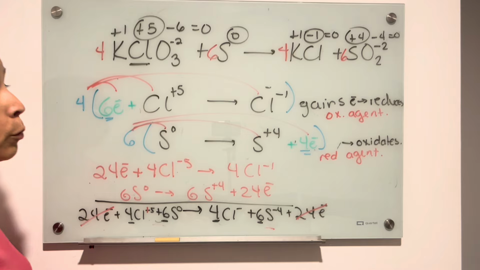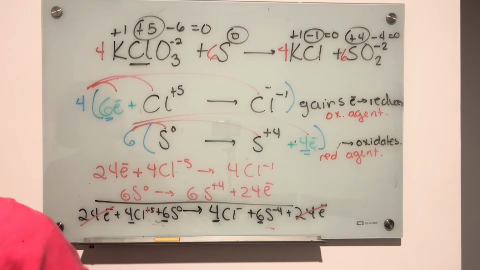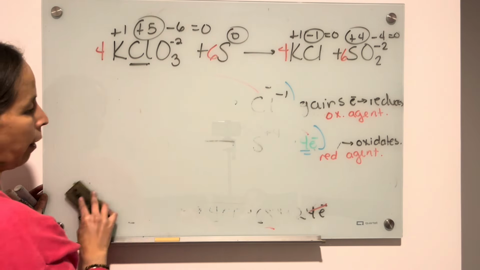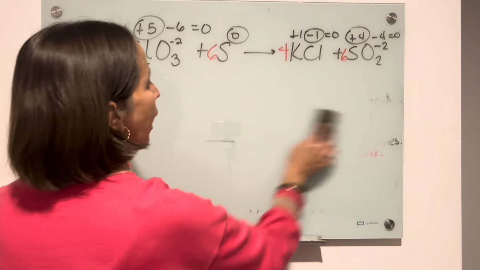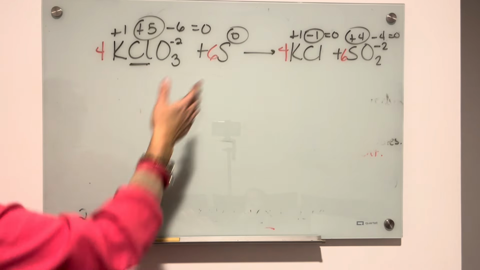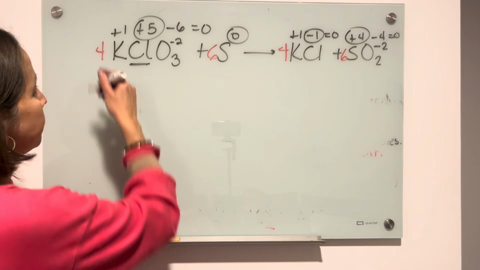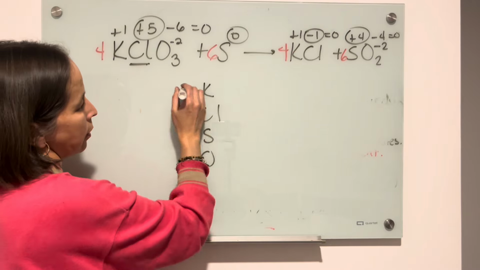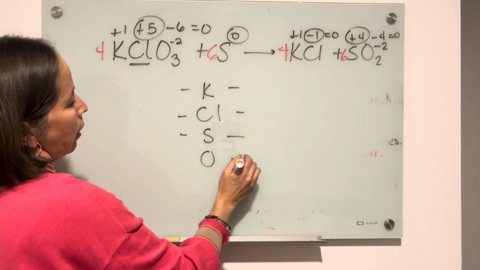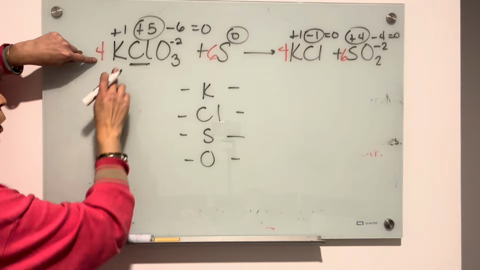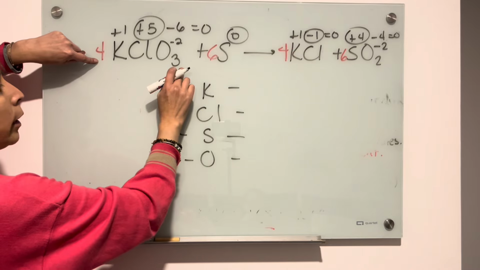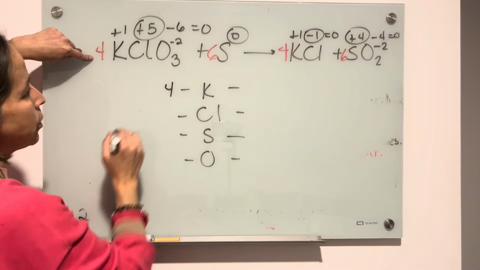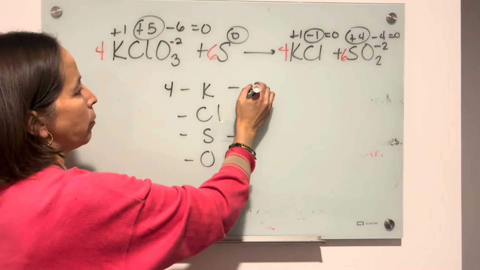And now we are going to do inspection balancing in order to check that the atoms in the first part of the reaction are the same as in the second part of the reaction. We write all the elements, sulfur and oxygen. We can count. This 4 is the coefficient and affects all the compounds. So we have 4 potassium, and in this side 4 potassium.